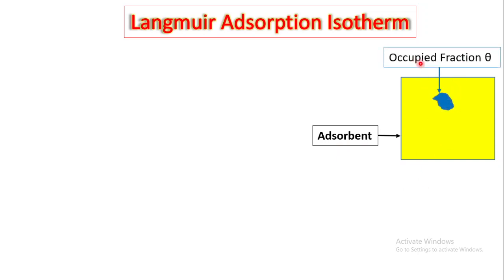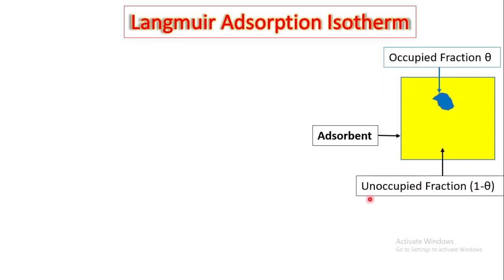This is the fraction occupied by adsorbed molecules, and the remaining part will be 1 minus theta, the unoccupied fraction of the adsorbent. Theta is the occupied fraction of the adsorbent.